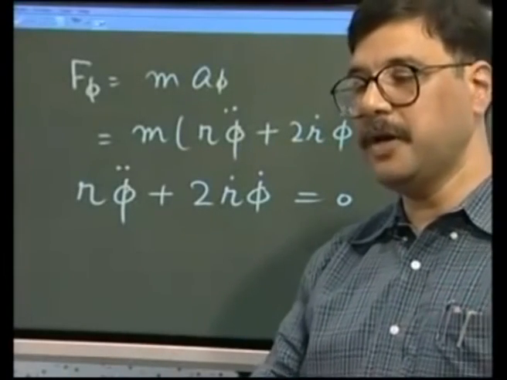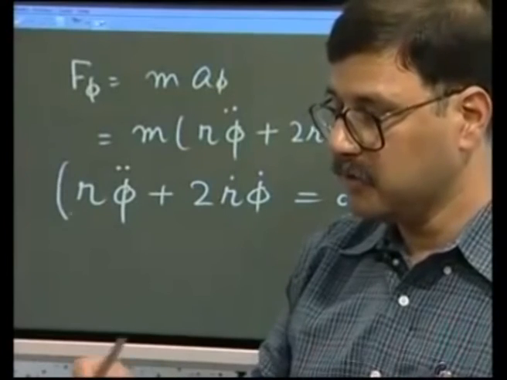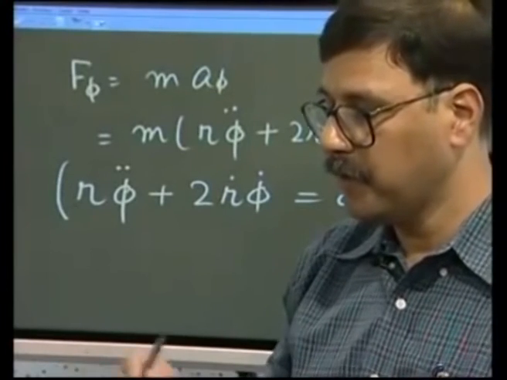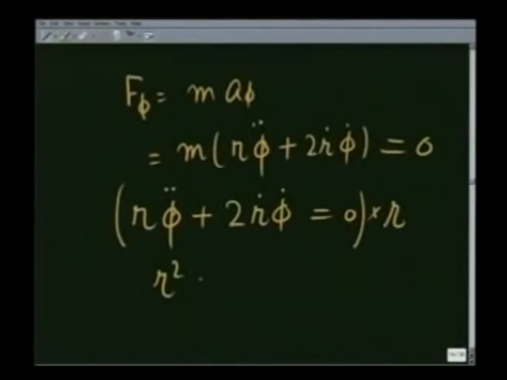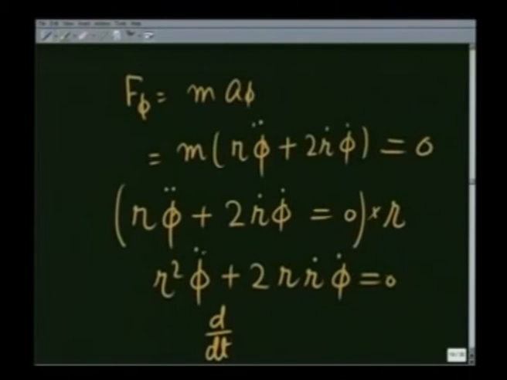I can easily integrate this equation if I multiply this whole thing by r, so that I get r square phi double dot plus 2 r r dot phi dot equal to 0, and you can easily see this is nothing but the derivative of r square phi dot. The first term gives you r square phi double dot, the second term gives you 2 r r dot, and this is equal to 0.